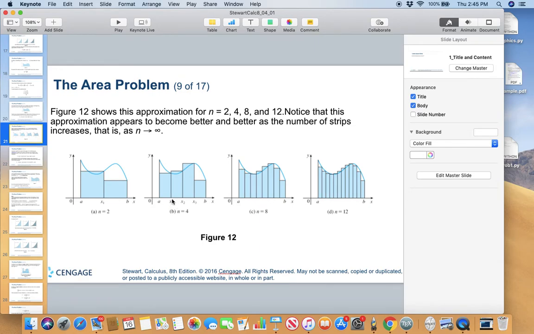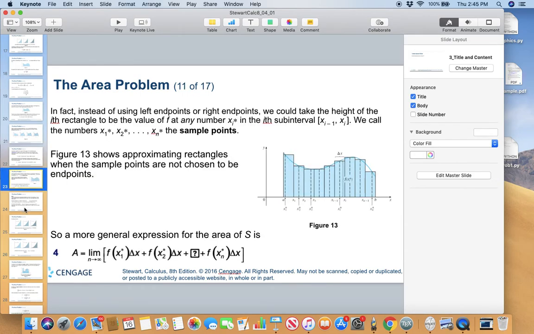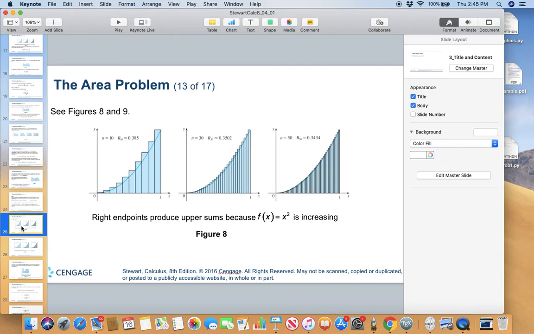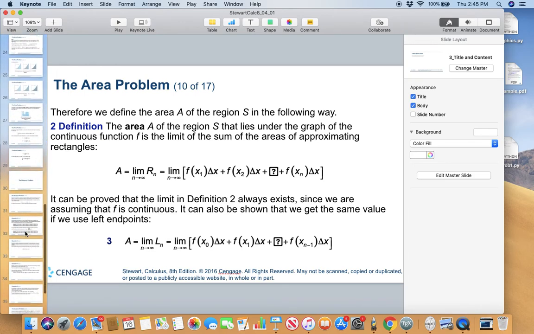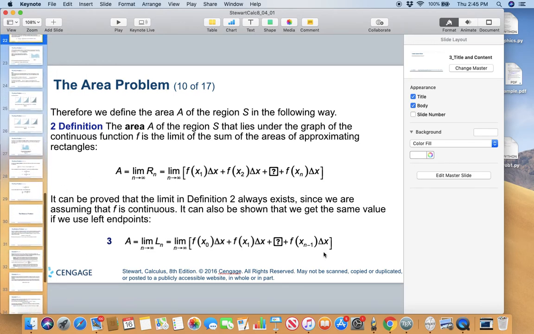If I choose x1, it gives me the right endpoint height. These are two different numbers, right? For left, I'm choosing the left endpoint heights. For right, I'm choosing the right endpoint heights. I will stop this video here, until the next one.